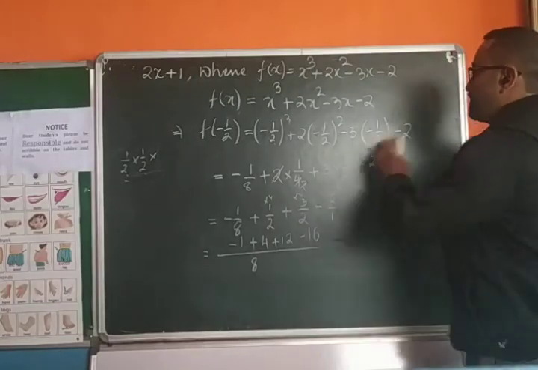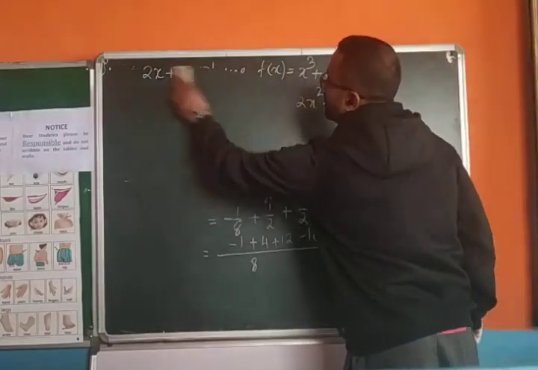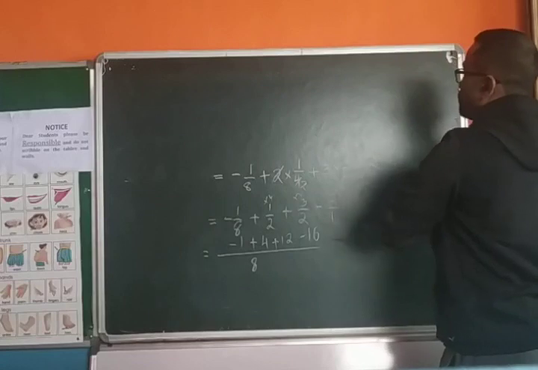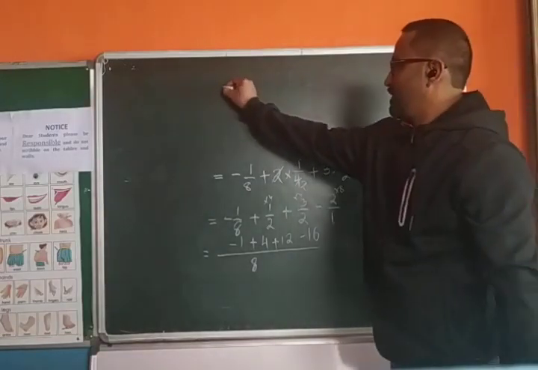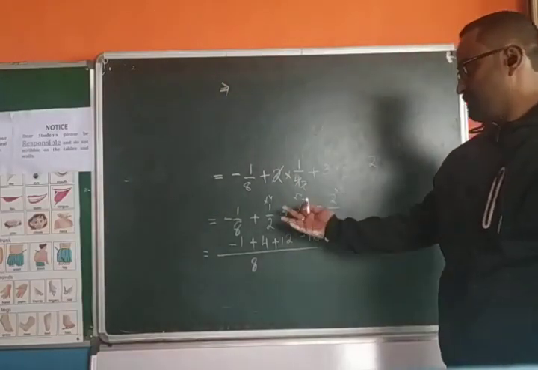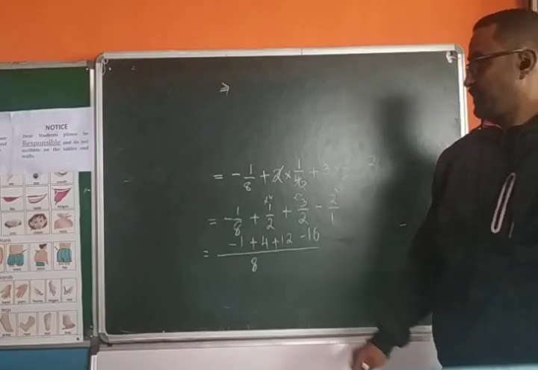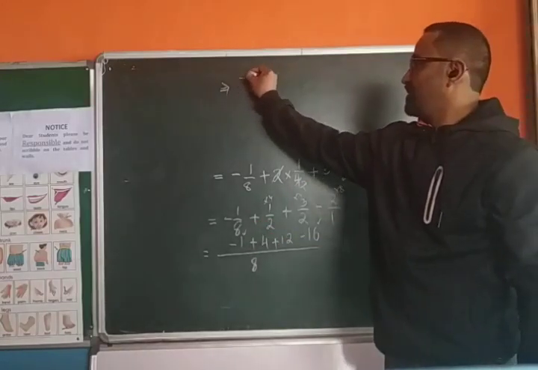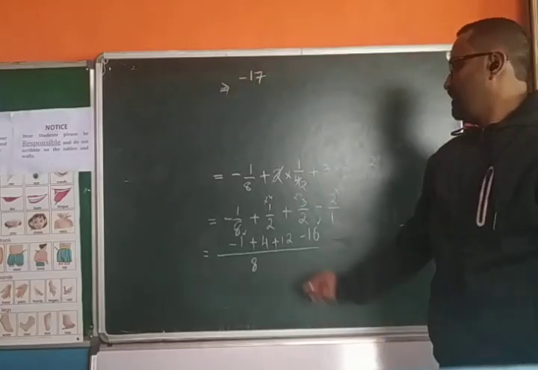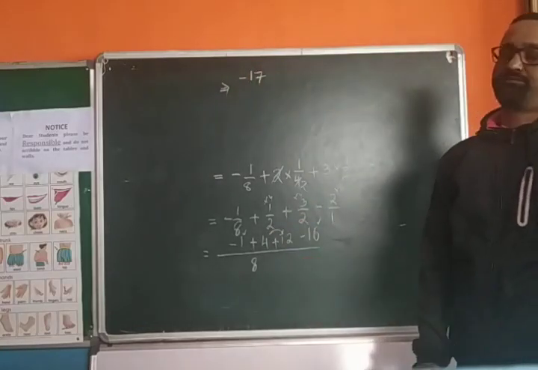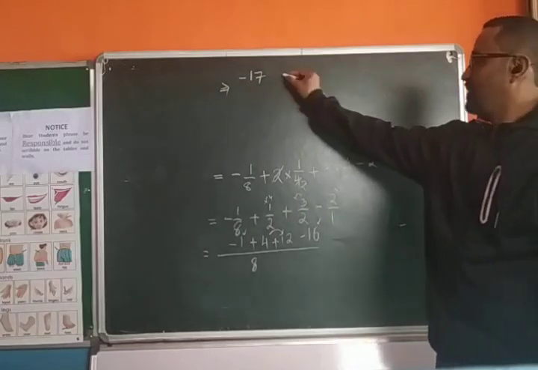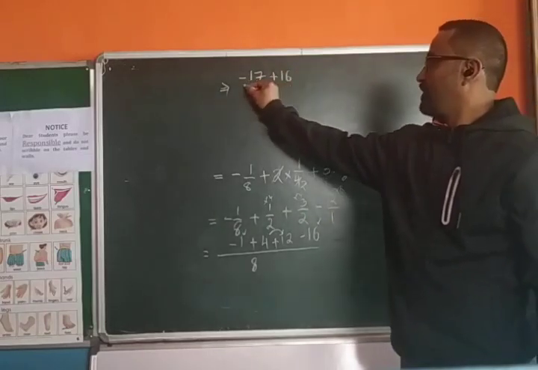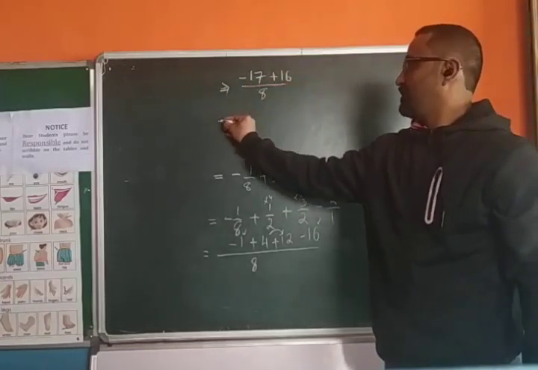After taking LCM, the process of simplification is the most important. You need to look at the negative numbers and positive numbers. Minus 1, minus 16 is minus 17. 4 and 12 is 16. Divides by 8.